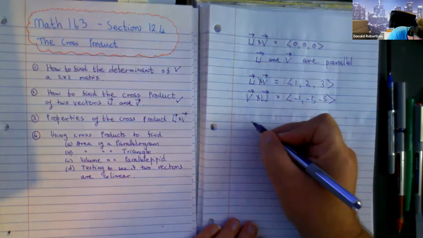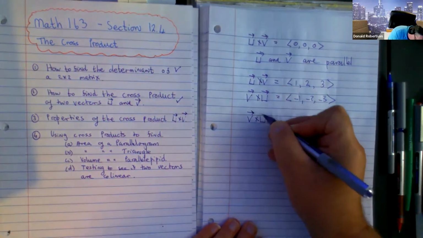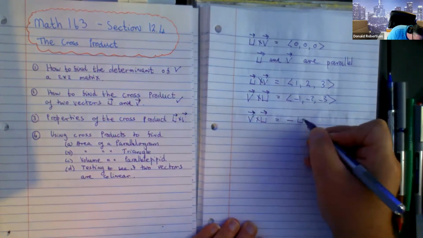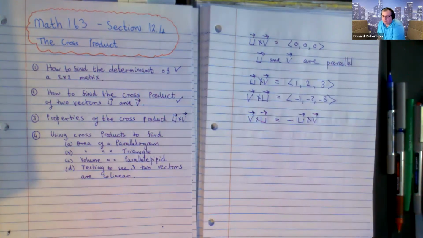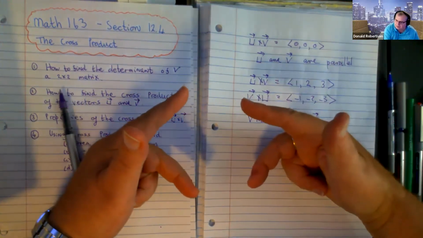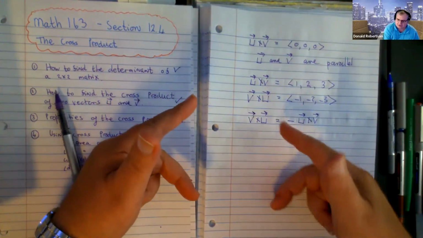So what does that tell us? The property could be written like this. The cross product v cross u is the negative of u cross v. So you see that they're not equal to each other, but they are negatives of each other, right? And can you remember the right hand and the left hand rule things that are going on? Cross products are right hand rules.